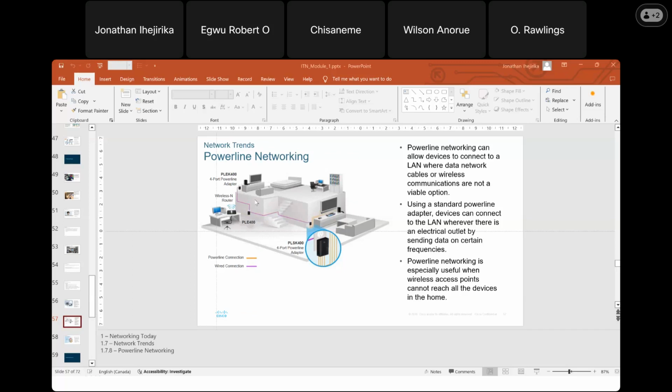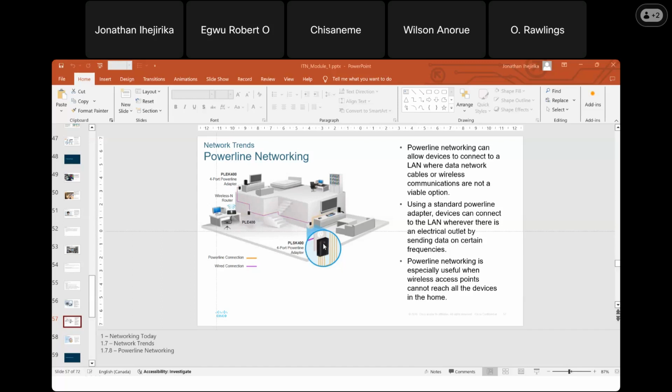So if you look at this image here, you could see the power line being drawn. This pink line here is the power wired connection. You can see different ports. This PLSK400 is a 4-port power line adapter.